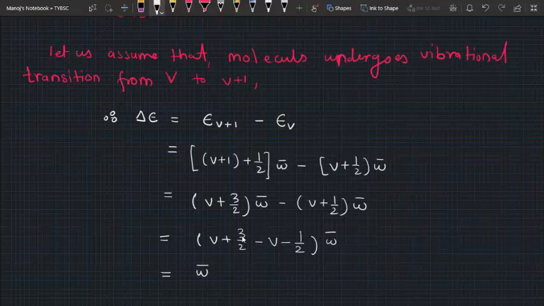So delta epsilon is equal to omega bar centimeter inverse.